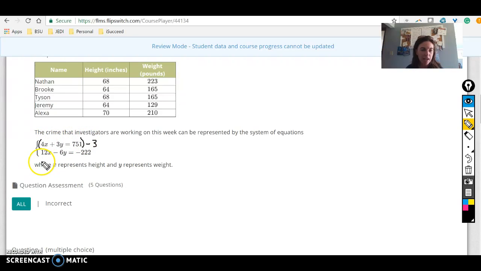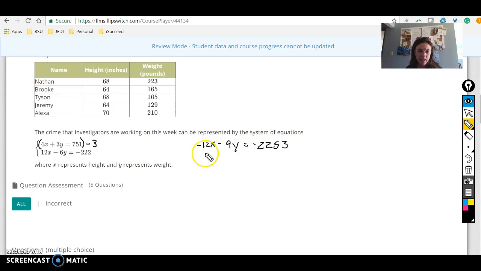And when I add -12 plus 12, I get 0. So it would look like -12x minus 9y equals, and then I have to take 751 times a -3, and that gives me a -2,253.